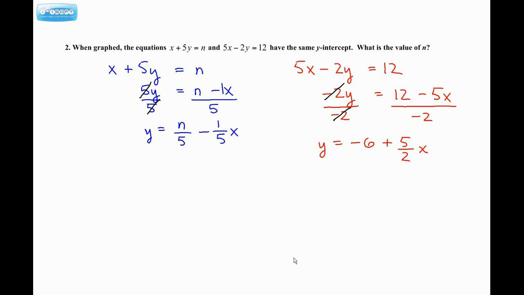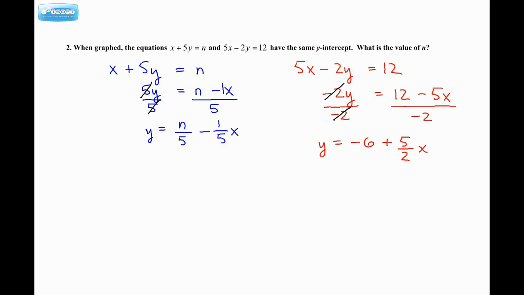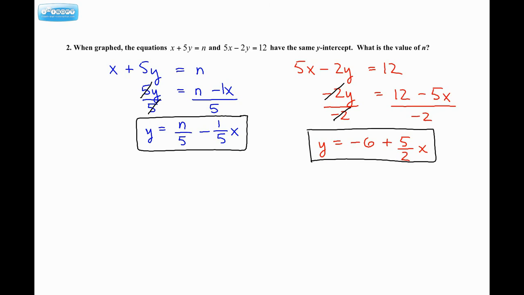So I think we have enough information now to figure out what the mystery number n is. Now we were told in the beginning of the problem that both of these lines, so I'll box them here, are different, but they have one thing in common, and that is their y-intercepts are the same. Well, this y-intercept is -6, and this y-intercept is n over 5.